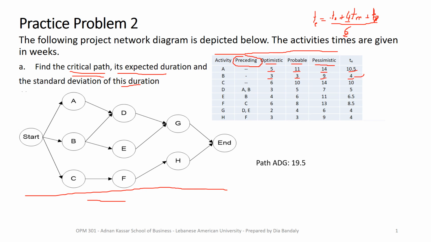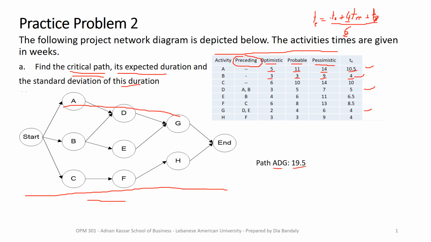I simply sum up the durations of these activities, looking at path ADG. So we wrote it here, ADG, I sum up the durations, so 10.5 and then 5, so that's 15.5, and then G is 4, so that's 19.5, and here we go.